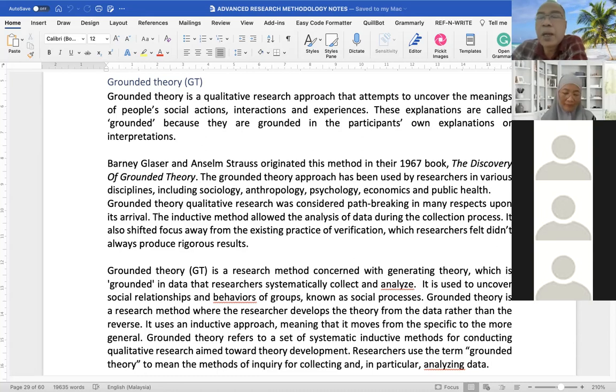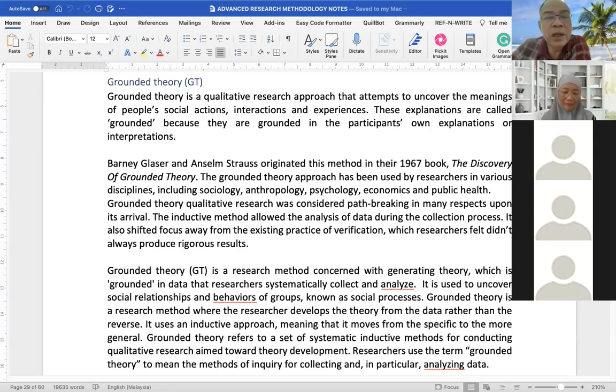Okay, but in Islamic finance, we have not seen any research using grounded theory yet. Maybe there are some, maybe I missed, maybe I haven't come across yet.